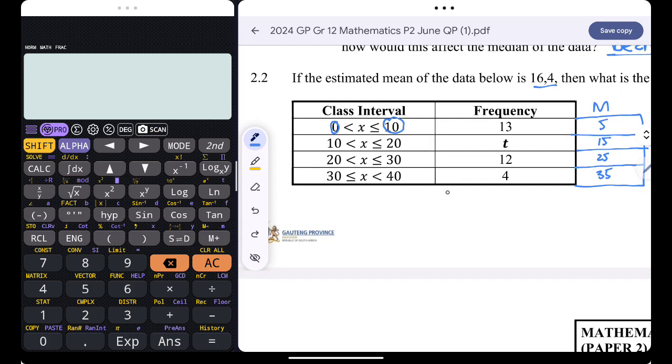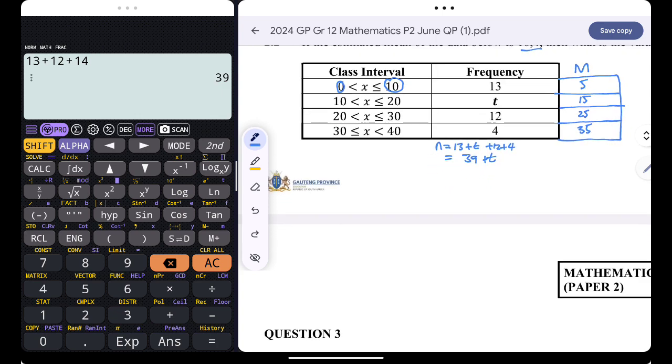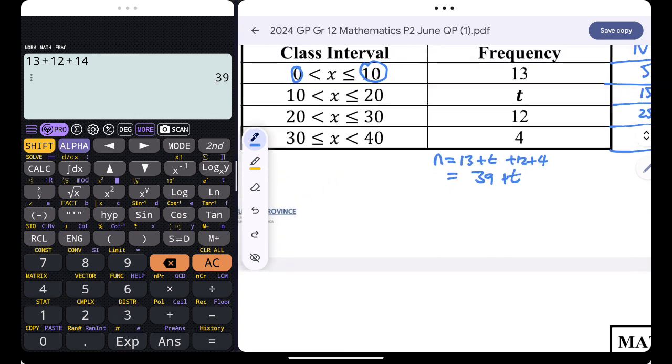Remember, the number of elements in this data, I'll simply get 13 plus t plus 12 plus 4. What does that give me? 13 plus 12 plus 4 is equal to 39 plus t. So that's the number of elements over there.